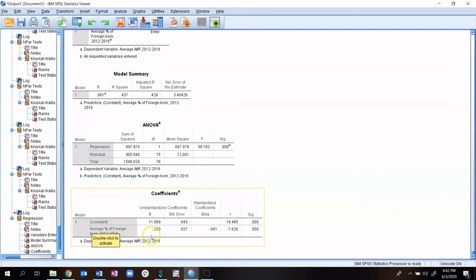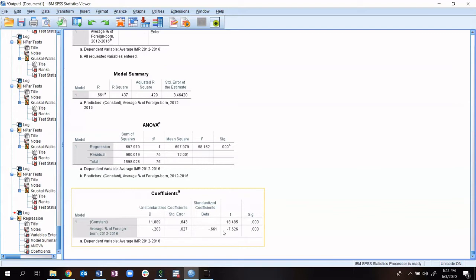We do care about the unstandardized beta and the significance value. What this unstandardized beta tells us is that every 1 unit increase in average percent of foreign-born decreases a community's infant mortality rate by 0.203. The direction here is important. That tells us the nature of the relationship, whether it increases with a positive value or decreases with a negative value.